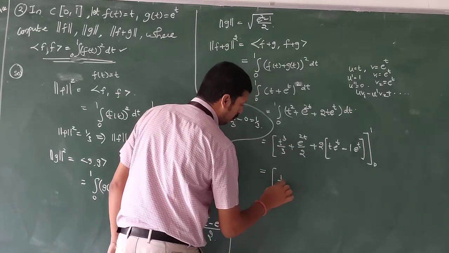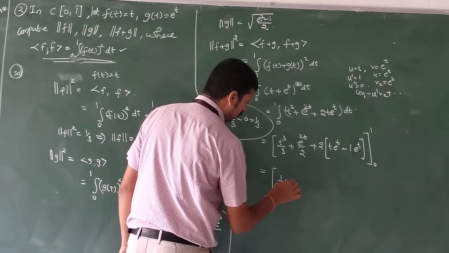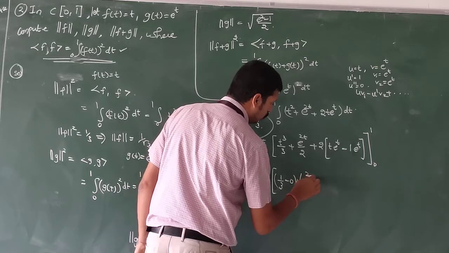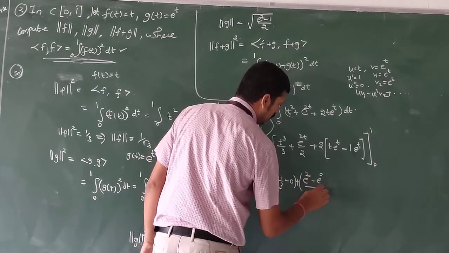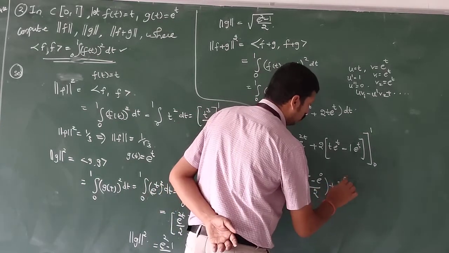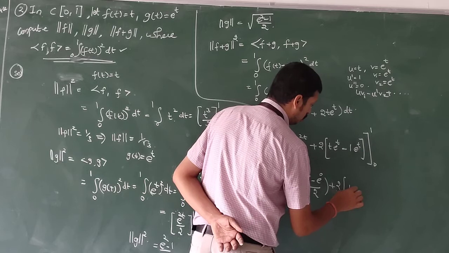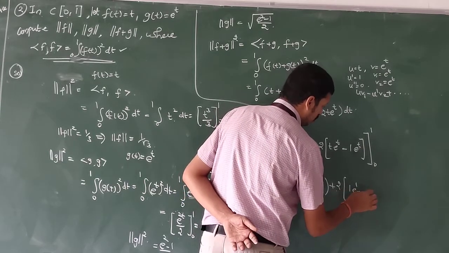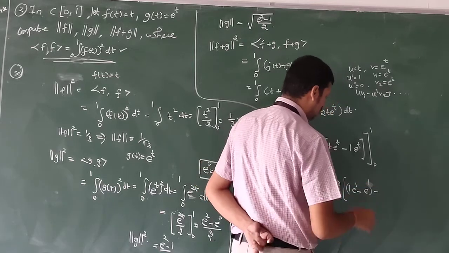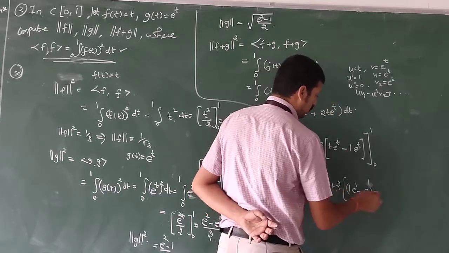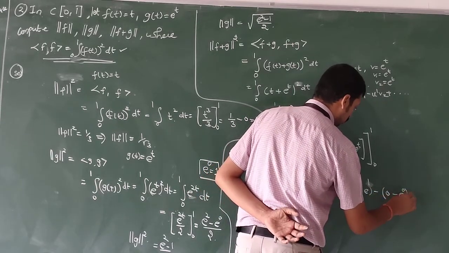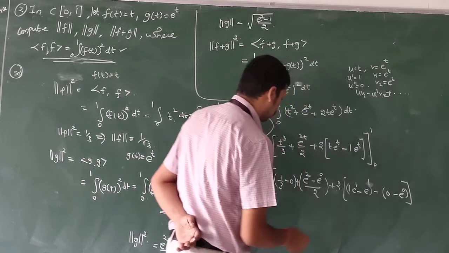So, 1 by 3 minus 0, next one plus e power 2 minus e power 0 by 2 plus 2 into 1 into e power 1 minus e power 1 minus 0 into anything 0 minus e power 0. So, this is the thing which we are going to get.